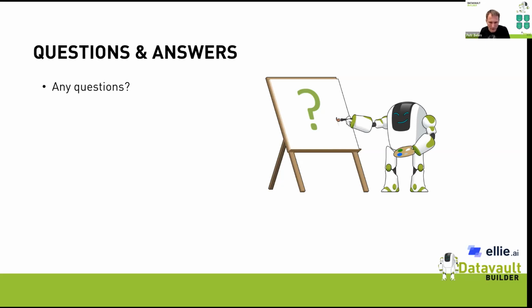The software has no calling home functionality, so we are not sending any information out. And if you want to then connect Ellie with Datavault Builder, you need a PC that is able to download the model from Ellie and push it onto the Datavault Builder. It doesn't even need to be the same machine, but you need to be able to transport the meta information. That's the only thing.